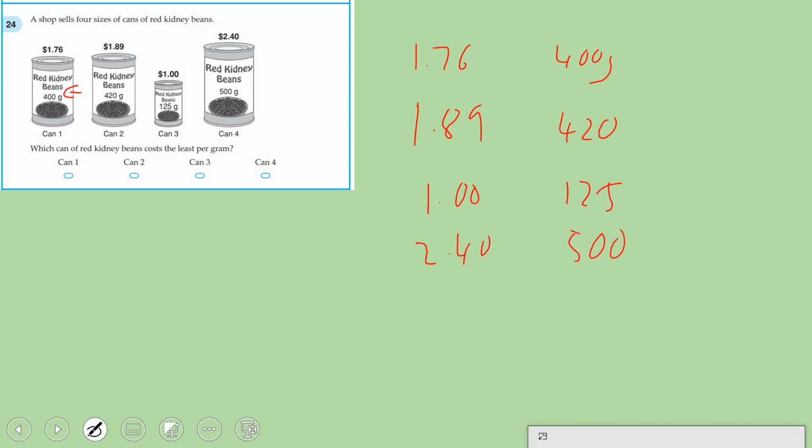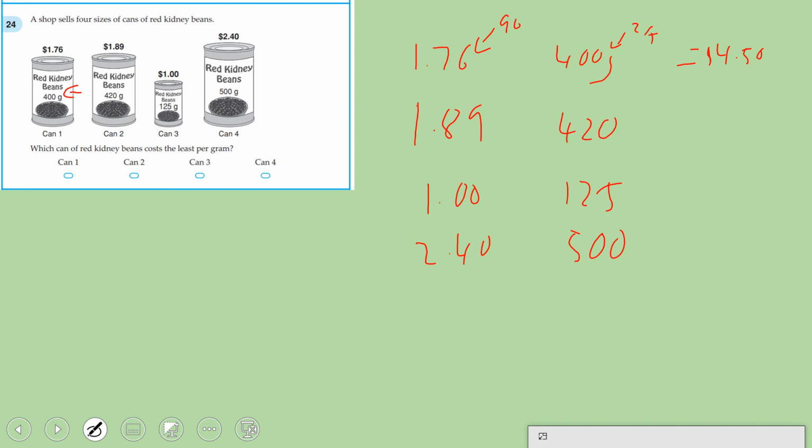Now you obviously can just divide dollars and cents by grams. I'm just going to go a quick estimate first. I know that this is 2/5 of a kilo, which means I've got to divide this by 2 and then times by 5. So it's about 90 cents will be about half of that, times by 5 will be $4.50 a kilo, roughly.